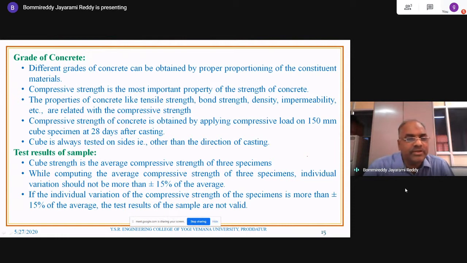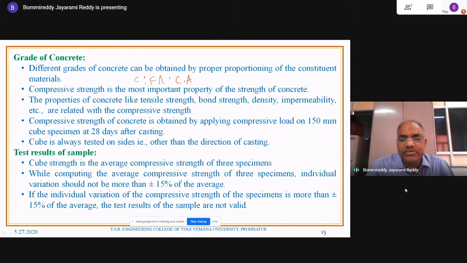Different grades of concrete can be obtained by proper proportioning of the constituent materials: cement, fine aggregate, coarse aggregate, and if necessary, admixtures.